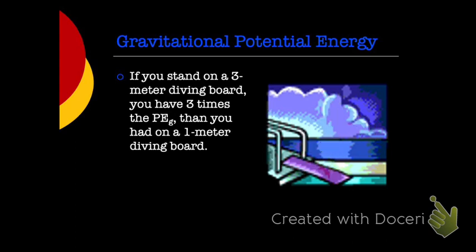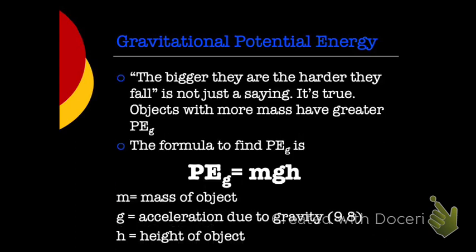All right, so here's our equation for gravitational potential energy. The saying "the bigger they are, the harder they fall" is not just a saying, it's actually true. It has to deal with both the mass of the object and how high it is off the ground.